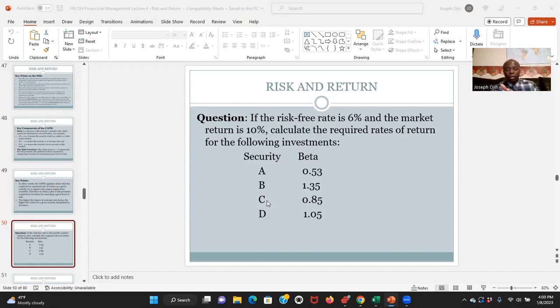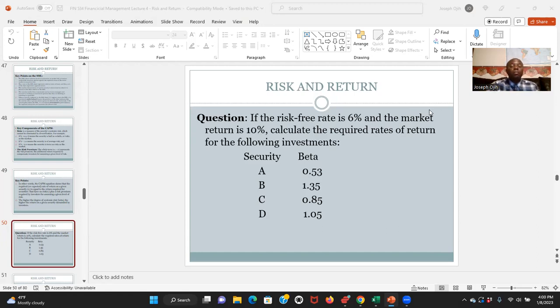Like I said, A can be Walmart, B can be Home Depot, C can be Bank of America, D can be Capital One, any security at all. We are given the risk-free rate RF as 6%, and the market return RM is 10%.